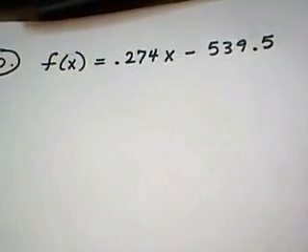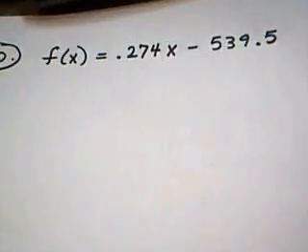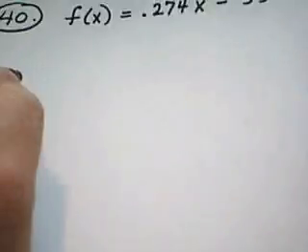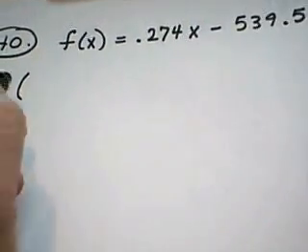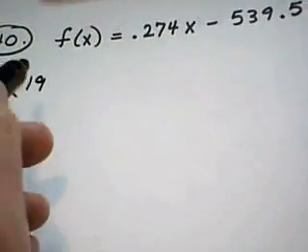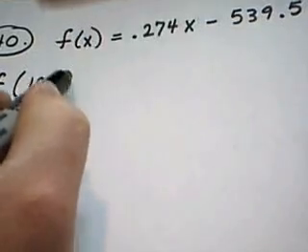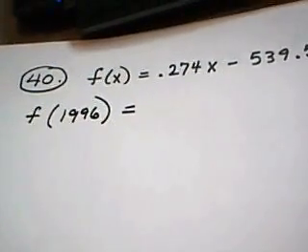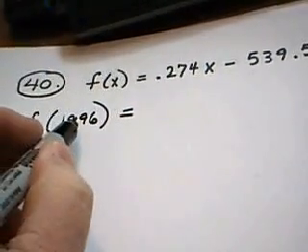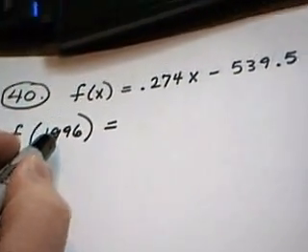So if we were asked to find the number of SUVs sold in 1996, we would go to the function f and we would put in the year 1996. And that would tell us the number of SUVs sold that year. So basically, I'm going to take 1996 and put it in the place of x.